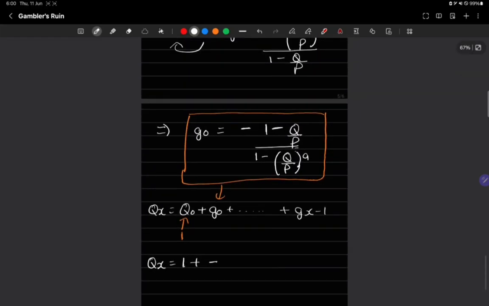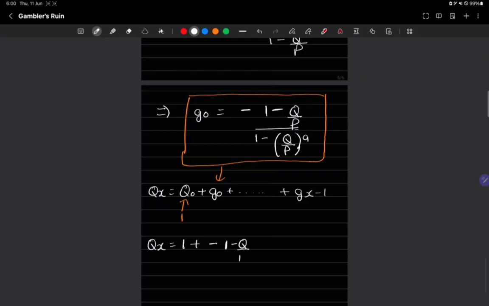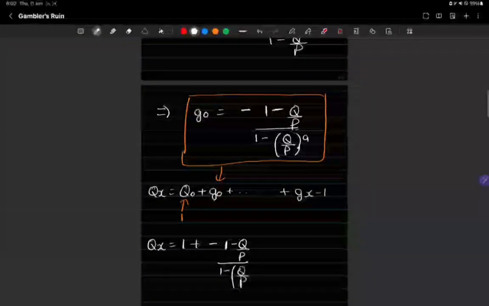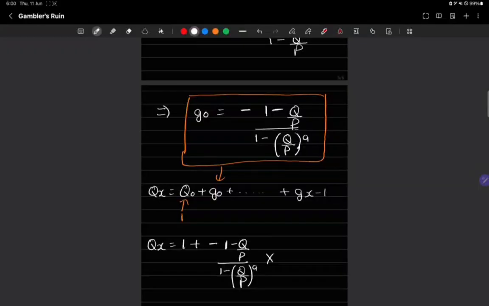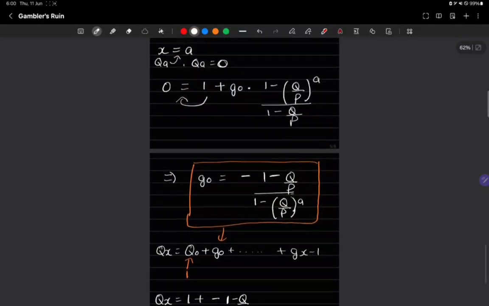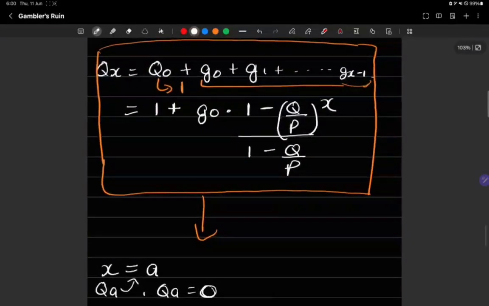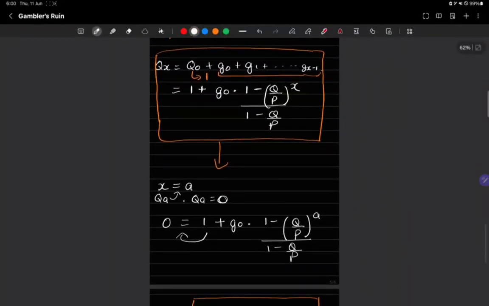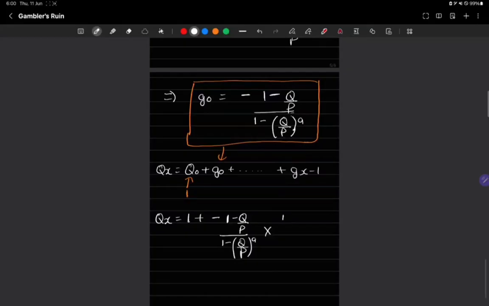So now coming back, that will give us 1 minus q by p raised to the power a into our geometric series that we found earlier, which was 1 minus q by p raised to the power x upon 1 minus q by p. So we'll put that again here. So that will be 1 minus q by p raised to the power x, and that will be 1 minus q by p. So these terms will get cancelled out.